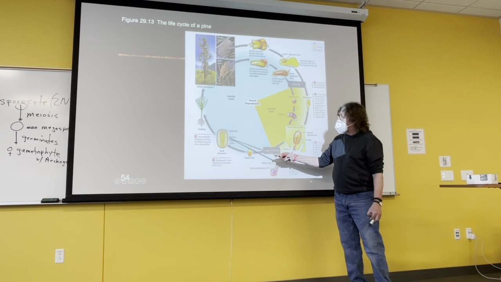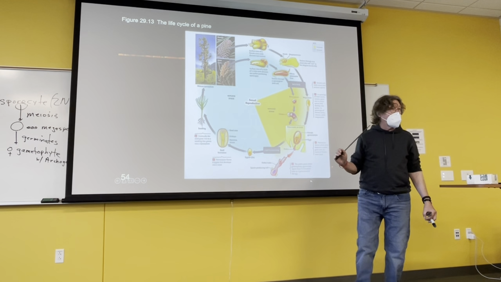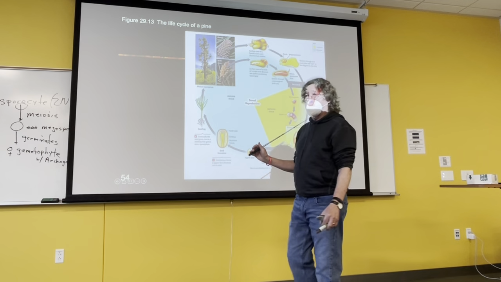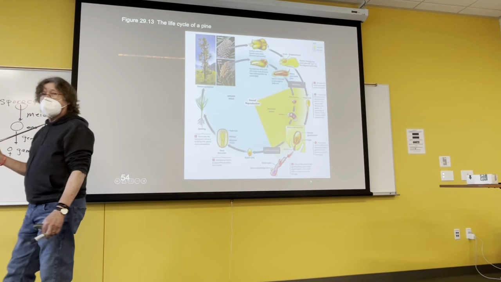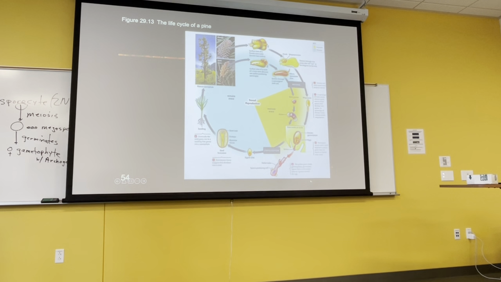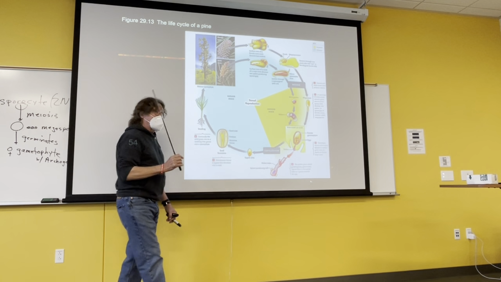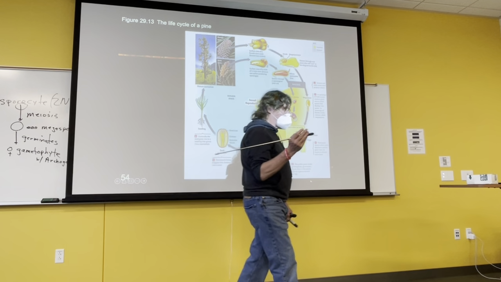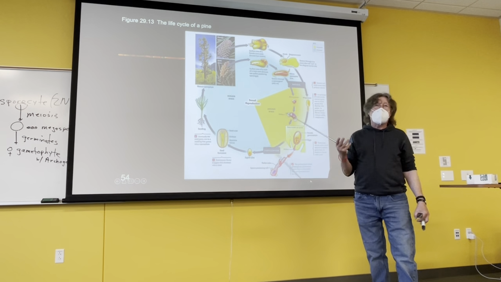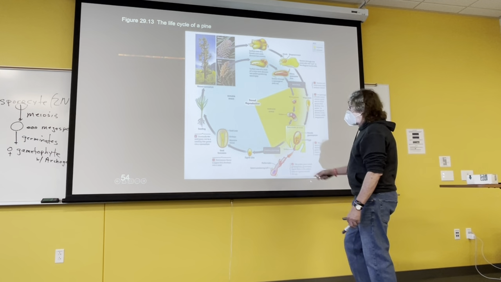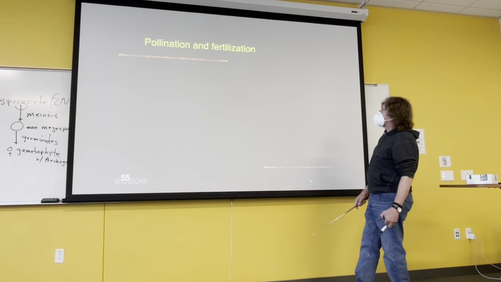So what would be the ploidy of the cells on the seed covering? Haploid or diploid? Diploid, because that's part of the original sporophyte. That was part of the original ovule. Some of the food reserve is haploid, some of it is diploid. The nucellus part is diploid, the female gametophyte part of it is haploid. And of course, the baby sporophyte is diploid. And that completes that life cycle.